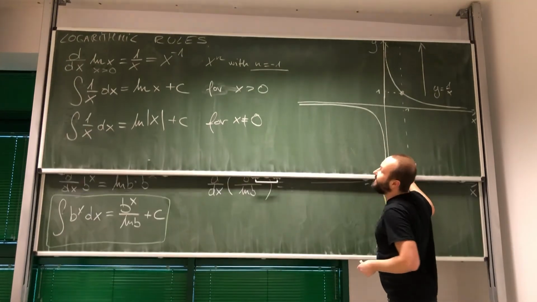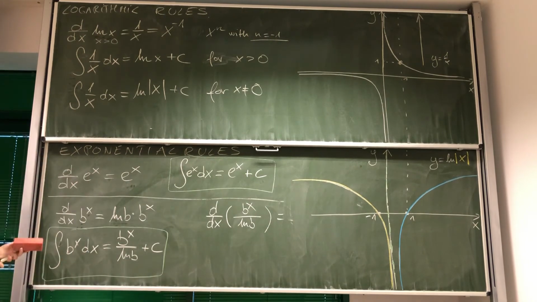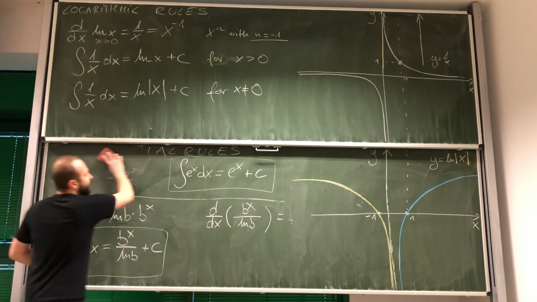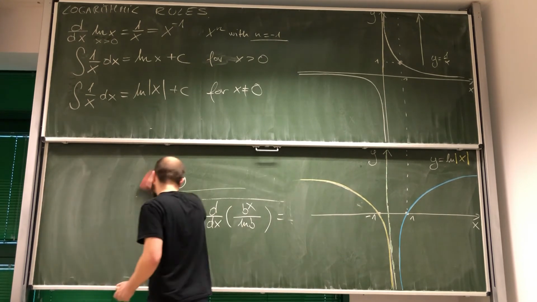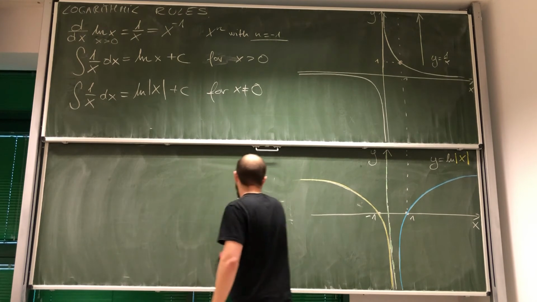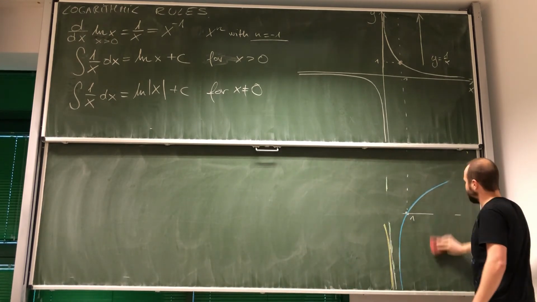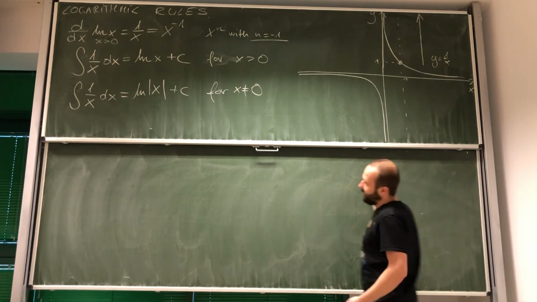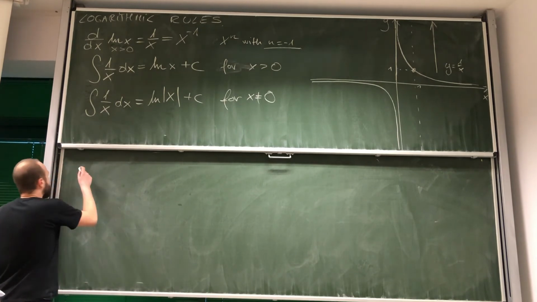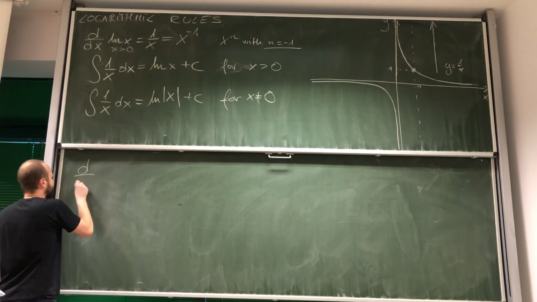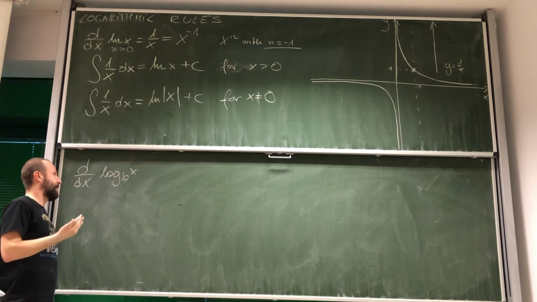Okay, and again, I can easily generalize this rule to the case of a logarithm with any base b, of course permitted, so positive and different from 1. So let's remind ourselves, what was the derivative of the logarithm with base b of x?